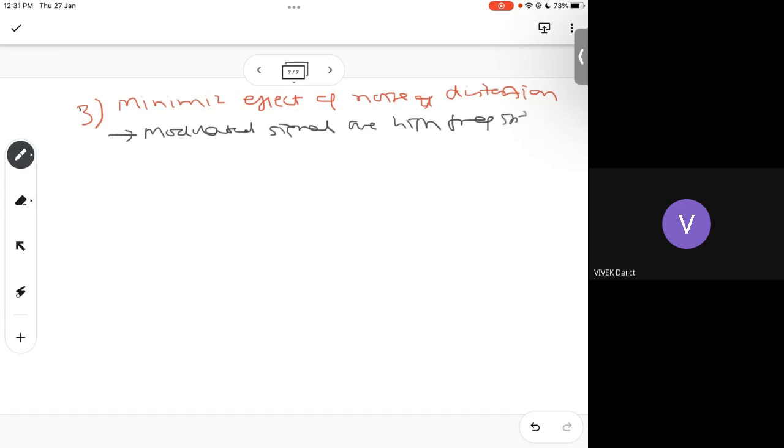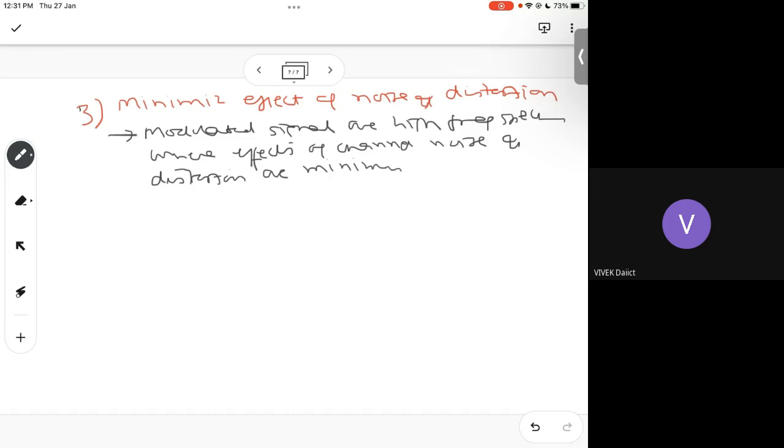So this is a high frequency spectrum where the effects of channel noise and distortion are minimum. I won't say they are zero, but they are less. Your reflection, refraction, diffraction, and scattering are typically very less here. Okay. Then the fourth one, which is also very important, the complexity of the system.